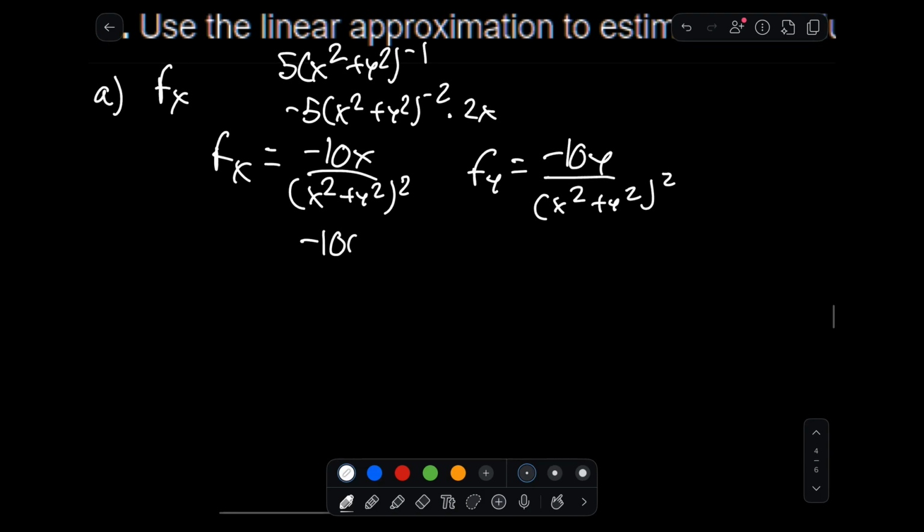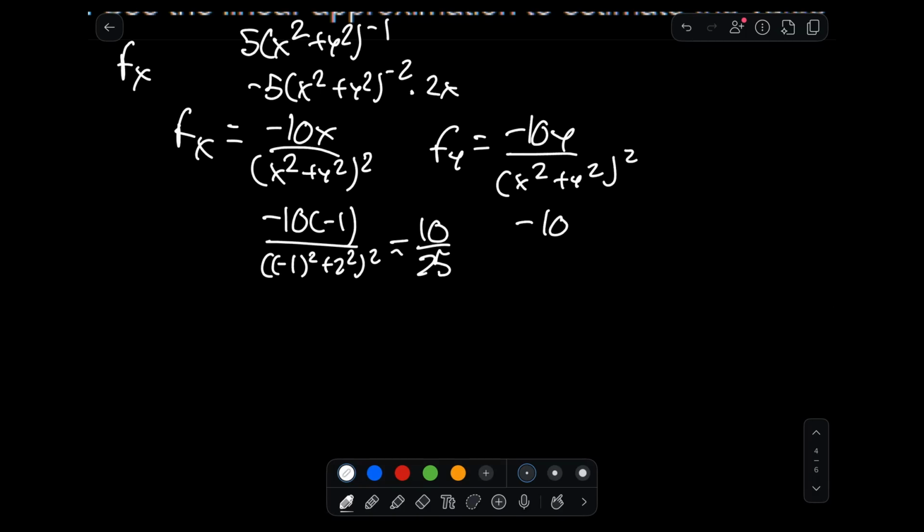It's going to be negative 10 times negative 1 over 25, so that's going to be 10 over 25, and negative 10 times 2 over ((negative 1) squared plus 2 squared) squared, equals negative 20 over 25.